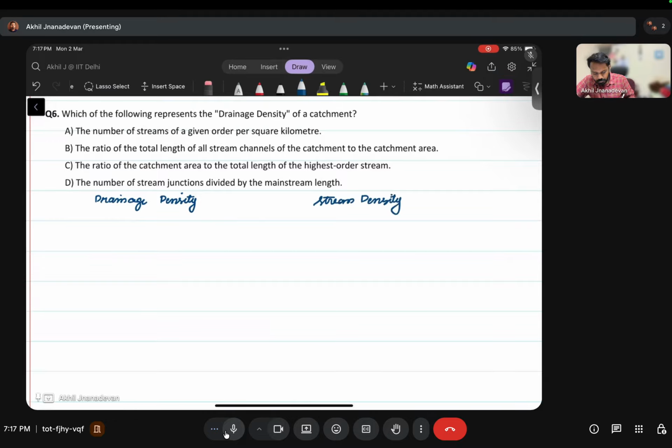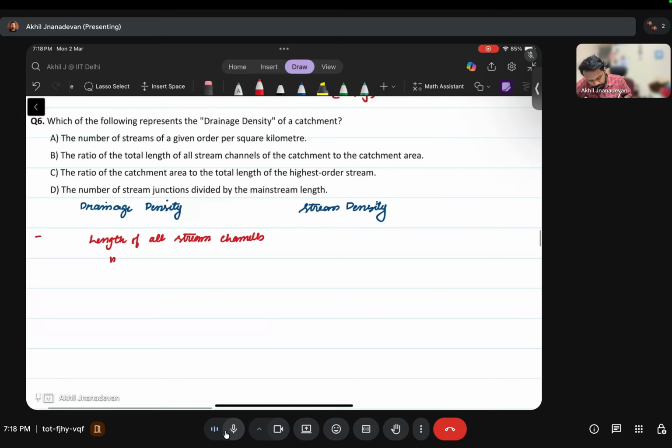So drainage density is the ratio of the length of all stream channels in a catchment divided by the area of the catchment.